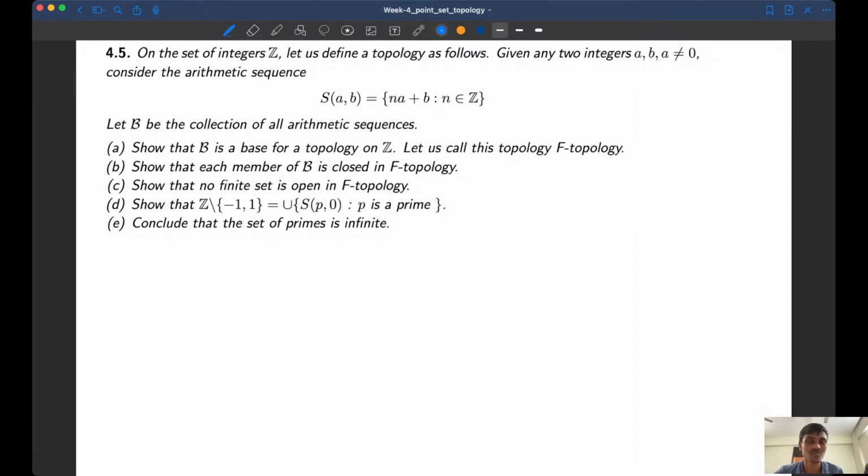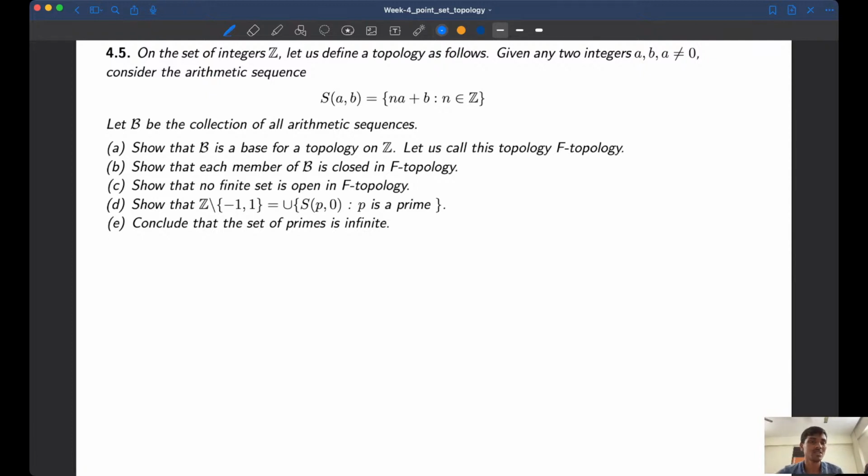One proof you might have always seen is by contradiction: suppose you have finitely many primes, then take the product of all the finitely many primes plus 1, so none of the primes divides that, and that is one proof. But this is a very good topological proof of the infiniteness of the primes.